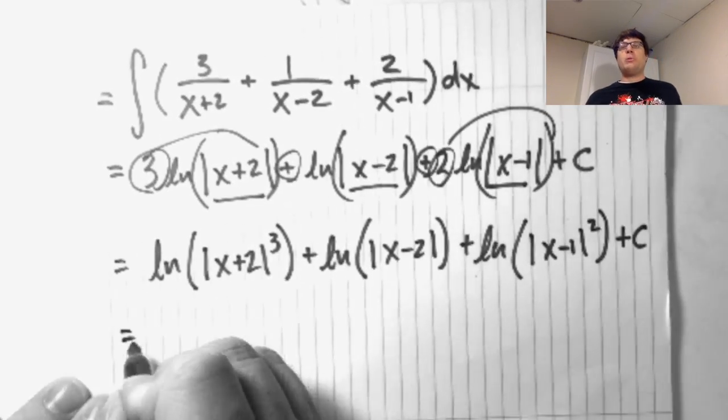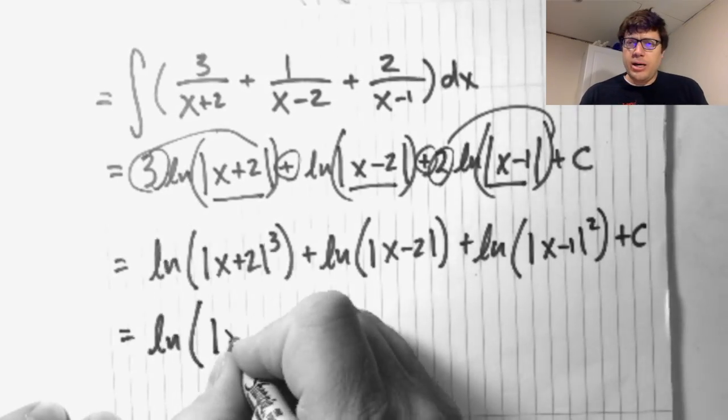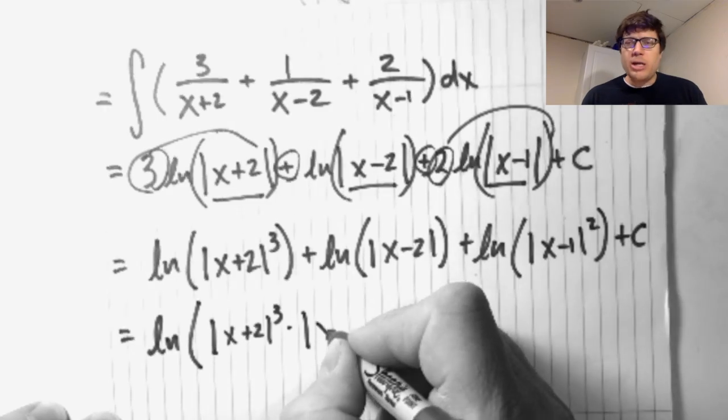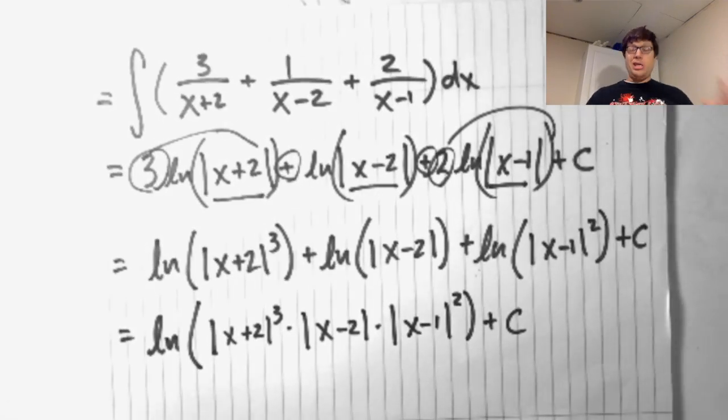So those can go into my equations as 3 over x plus 2, 1 over x minus 2, and 2 over x minus 1. Each of those are equal to the original expression, 6x squared minus 8x minus 4 over the denominator.